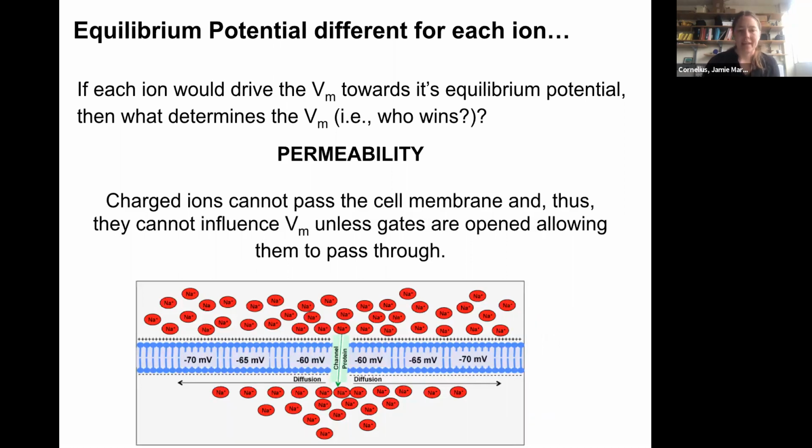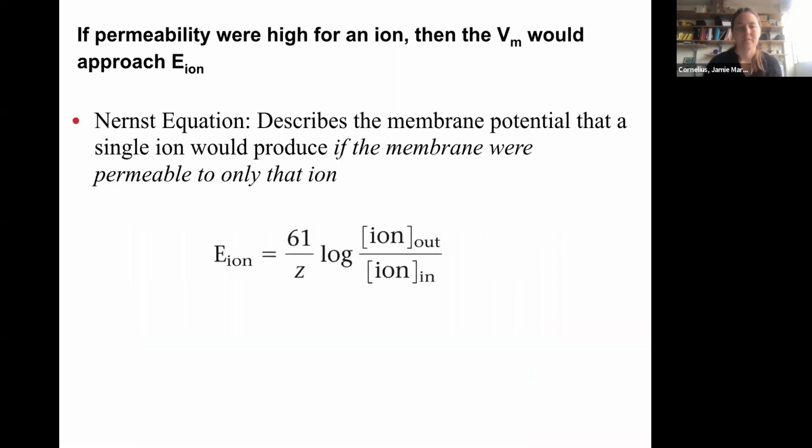Charged ions can't pass the cell membrane, so they can't influence the membrane potential unless the gates are open and allow them to move, generate a current, and change the membrane potential. If the permeability were high for a particular ion, then the membrane potential would approach that ion's equilibrium potential. And this is described by the Nernst equation.